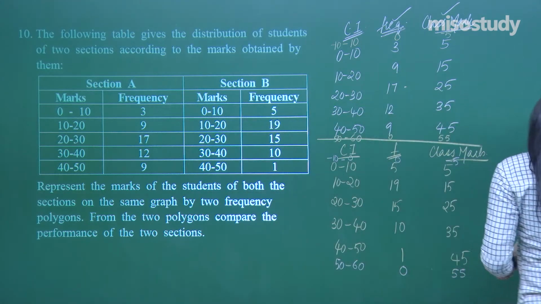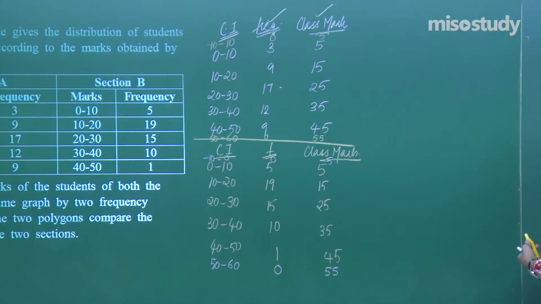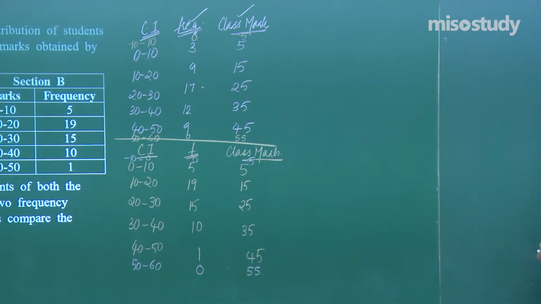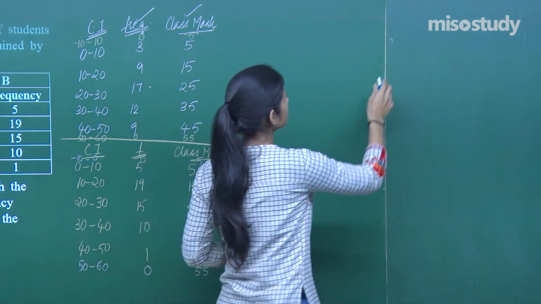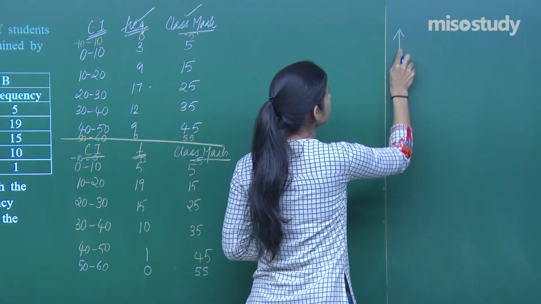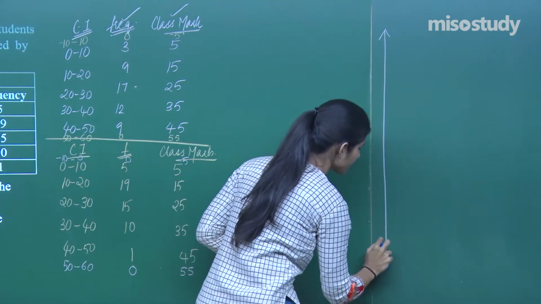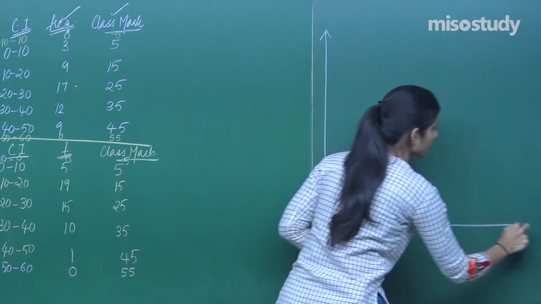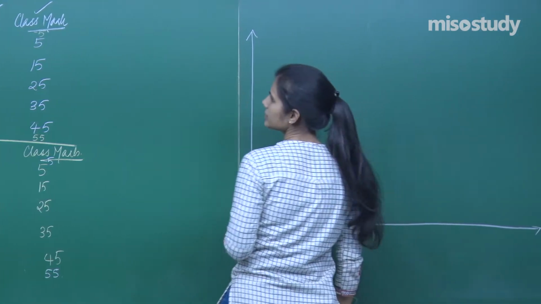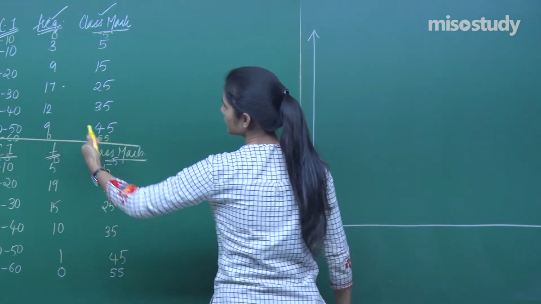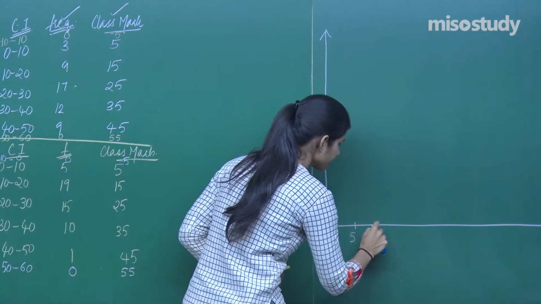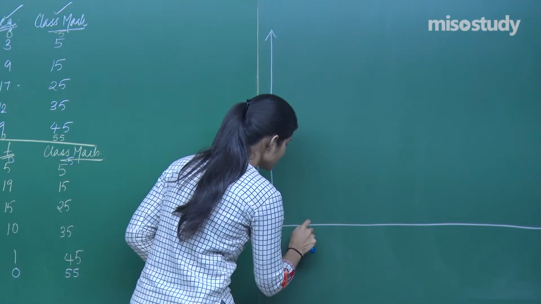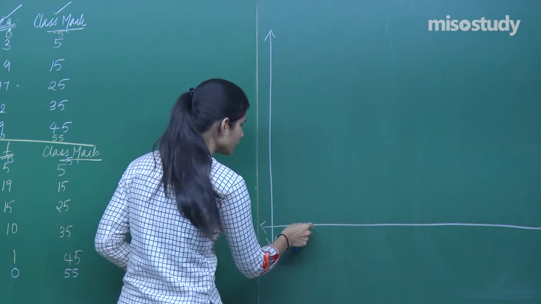Now we just need to do one thing, what? Draw class marks and the frequencies. So let's do that. Class marks are 5, 15, 25, 35, 45. So let's take that only. Let me take one big division as 5 units on the x-axis.